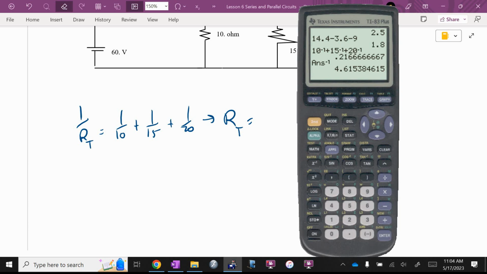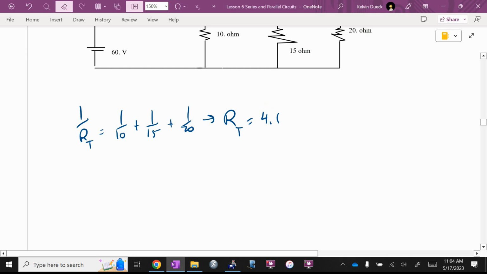These are tough to make work out evenly, so don't expect reciprocal resistors, parallel resistors to work out nicely. I would probably store this on my calculator. Is it 4.615384? I'm going to write 4.62, but I might carry the extra sig figs somewhere if I need to. Resistance units. Okay.